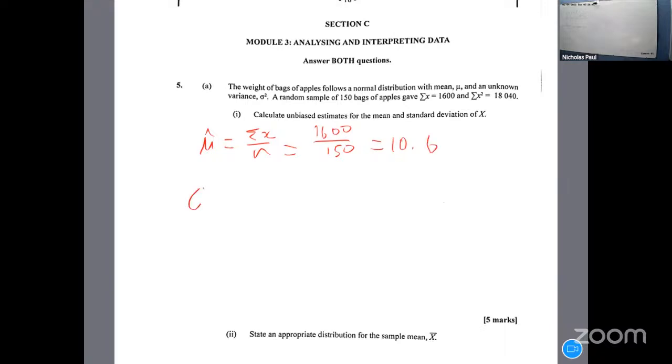And then to find sigma squared, sorry, not sigma squared, you want the standard deviation, right? Work this out first and then square root it to give the standard deviation. That would be based on which formula you're using, right?